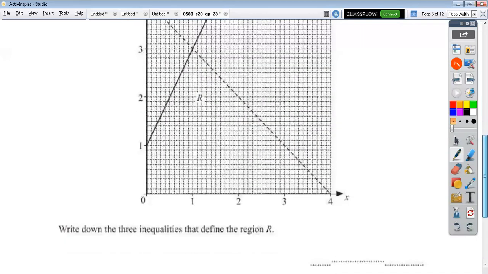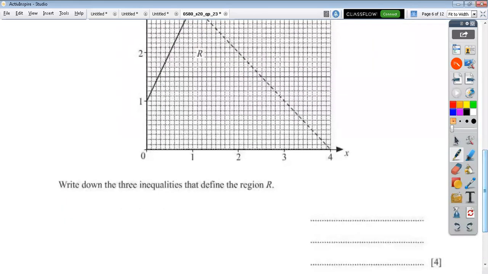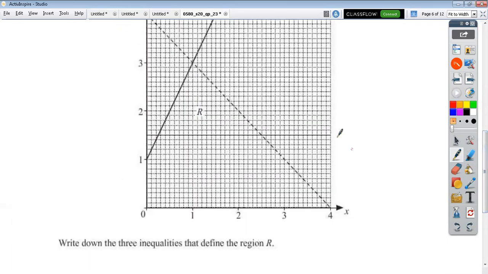Now, inequalities. Write down, we talked about the three inequalities which satisfy which region? That region. So the easiest line from our graphs is this line here. Think of the lines first before you think of the inequality.